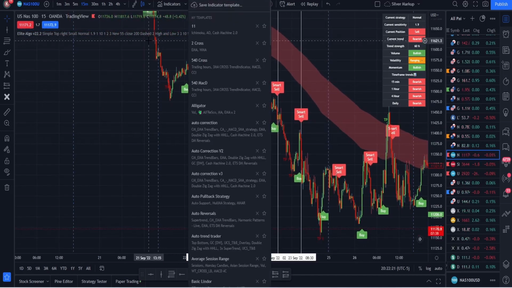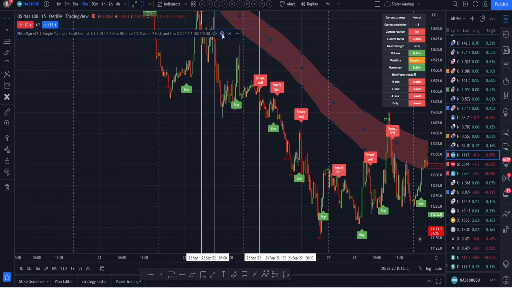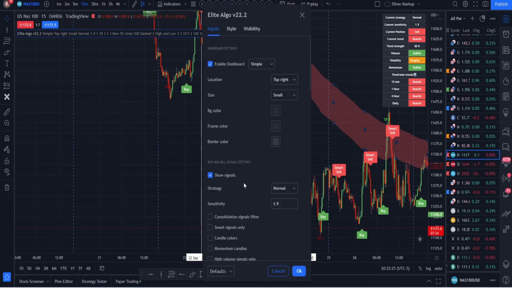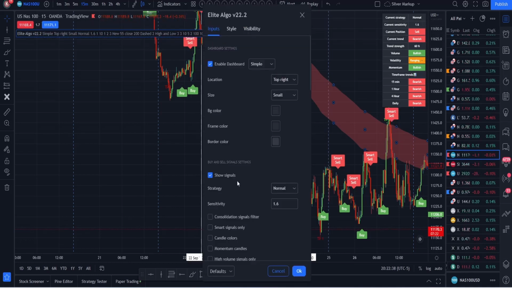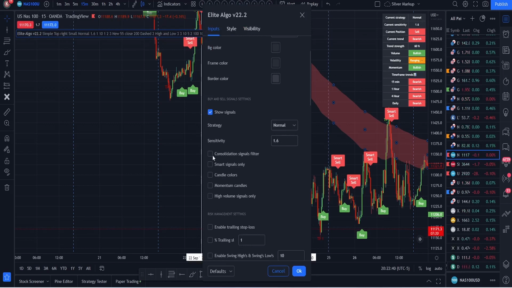That's how you work with the sensitivity. You just kind of play with it based off of what you're looking at on the charts, and go off of there. So I'm gonna put it to 1.6 and just leave it there for a second. I'm gonna show you why in just a second. So going down, there's multiple different areas in the market when it comes to consolidation, when it comes to momentum, volume, a lot of different things.